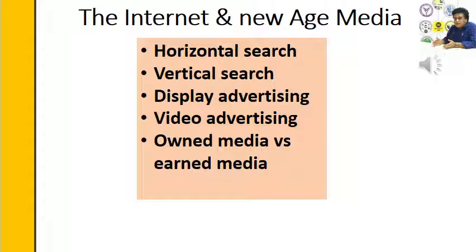So if the presence of your company is there in the earned media, it means the website or the blog does not belong to you, but your company finds a favorable mention in such media. So this is your earned media. Owned media is the website of your company or your company's blog.